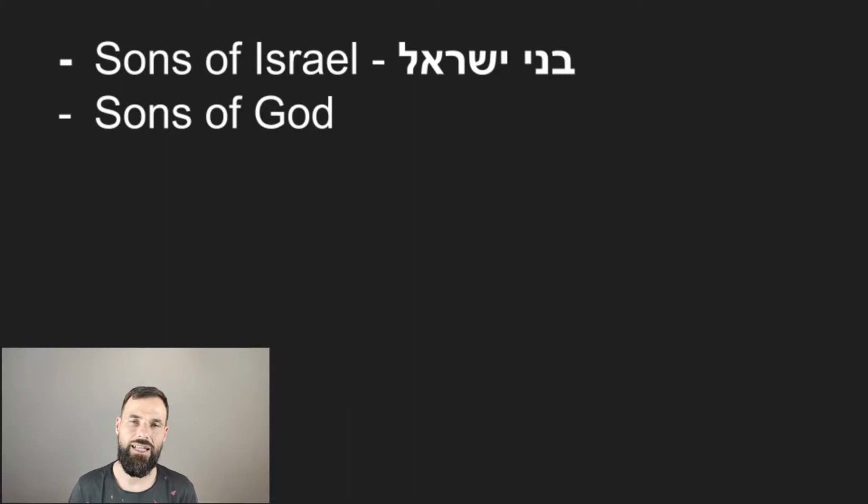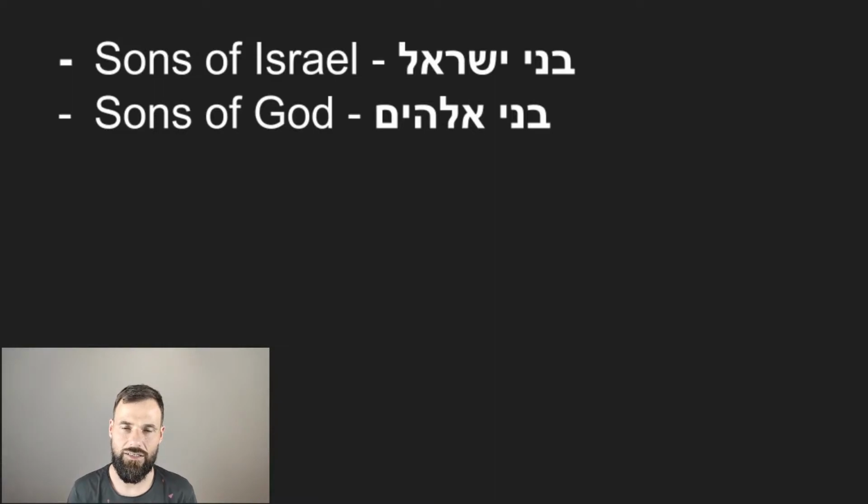So we have Bnei Israel, which means sons of Israel, and in other manuscripts we have Bnei Elohim, which means sons of God. And the story behind these variants, as far as we can reconstruct it, even though with some level of guesswork, is really interesting.